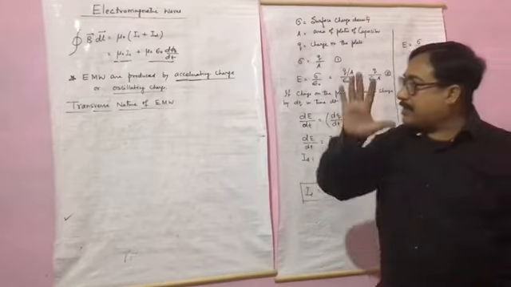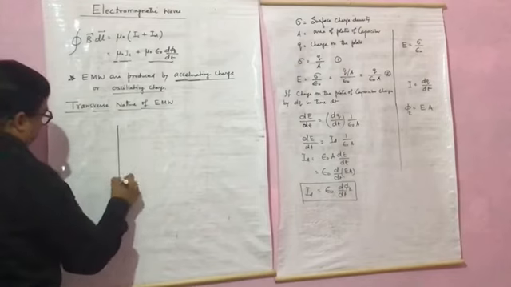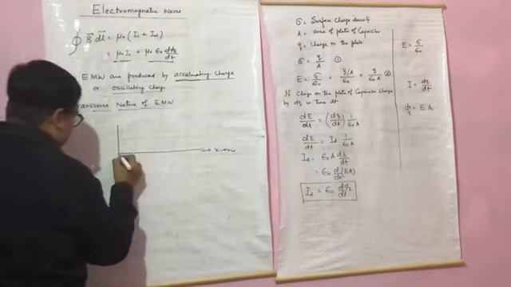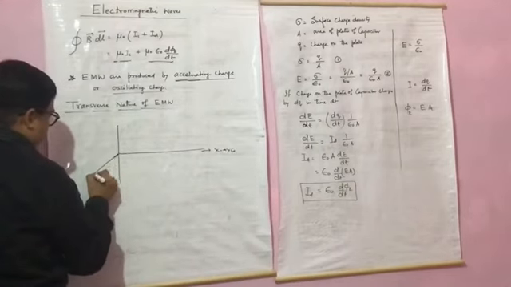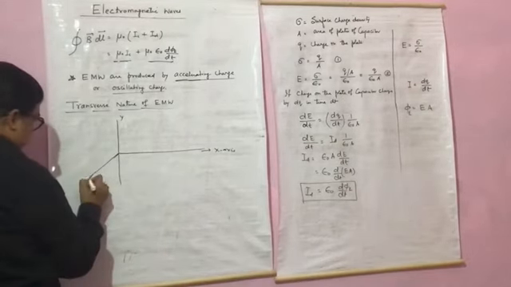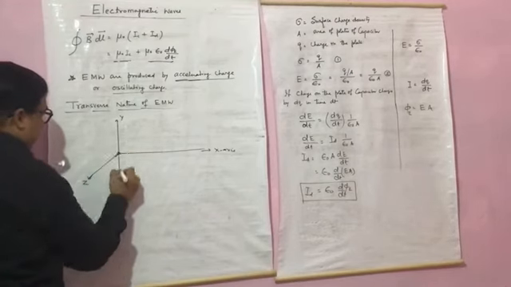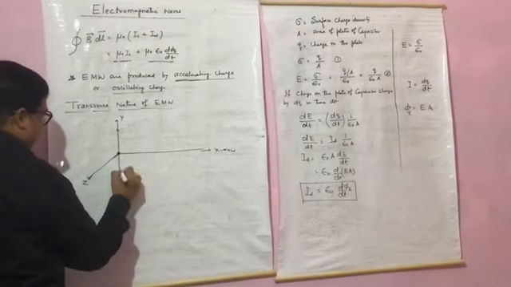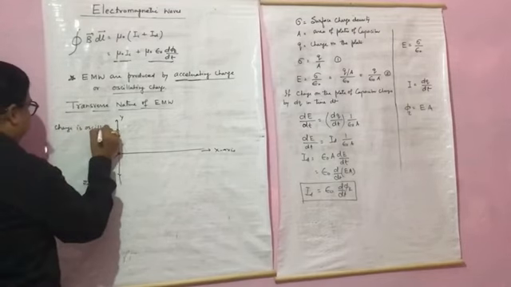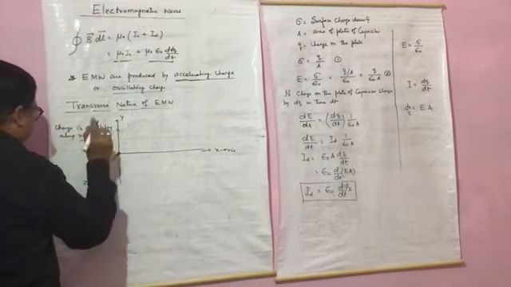What actually is happening? Suppose this is your x-axis, this is your y-axis and this is your z-axis. Suppose we have a charge oscillating along the y-axis, and this is the origin.